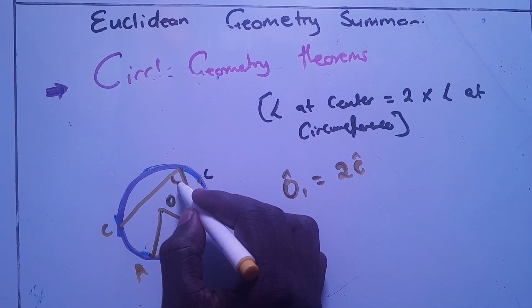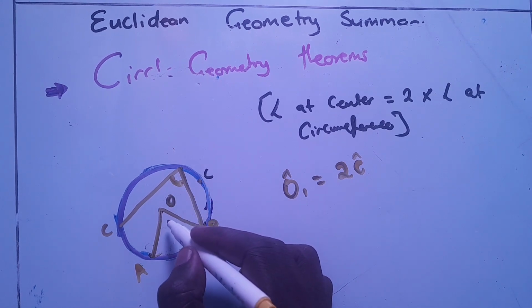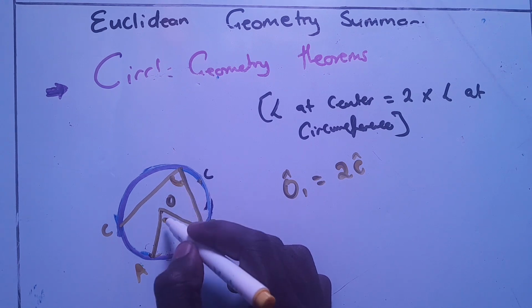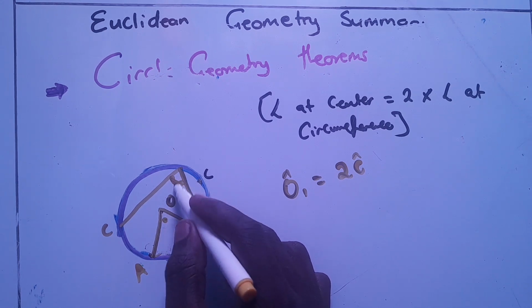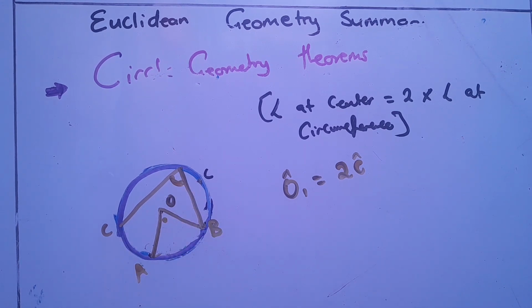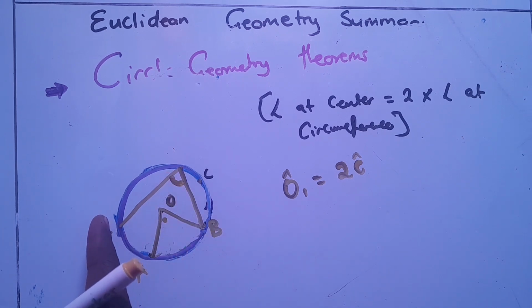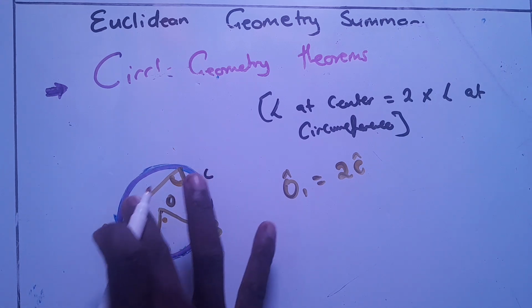So this angle will never be 2 times, it will never be half of this. There's no relationship between this angle and this angle because they are not given by the same chord. Chord AB gave us O, but this angle is given by the chord CB. So that will never be the case.